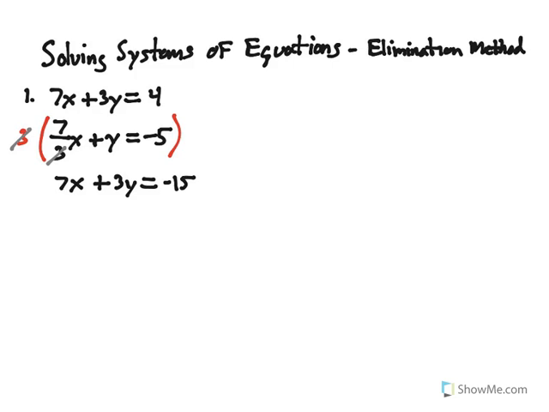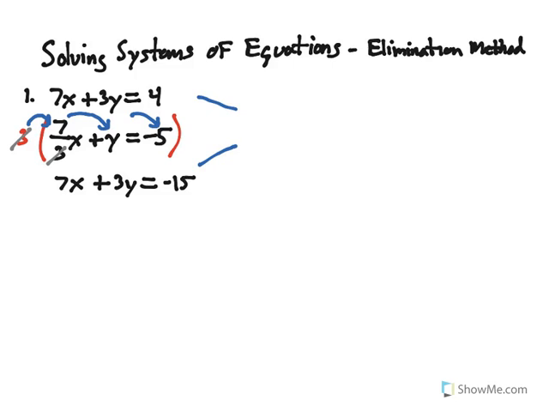You're essentially distributing the 3 to each term, but the 7/3 times 3 will cancel, and you're just left with 7x plus 3y equals -15.